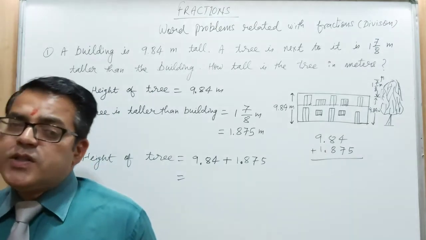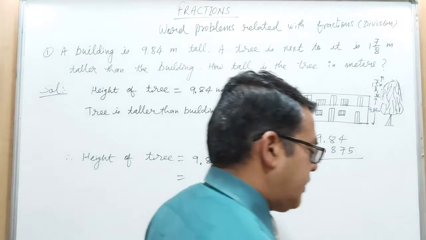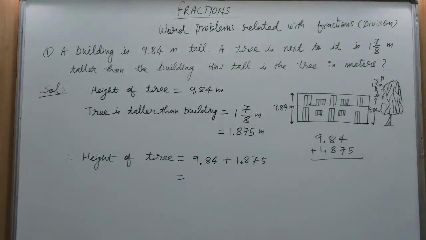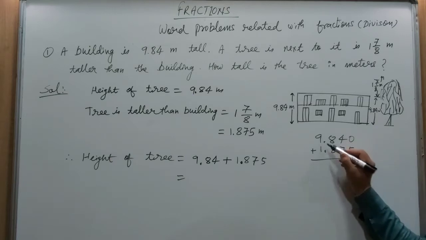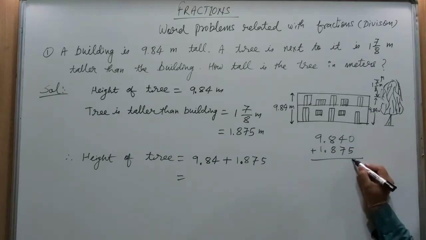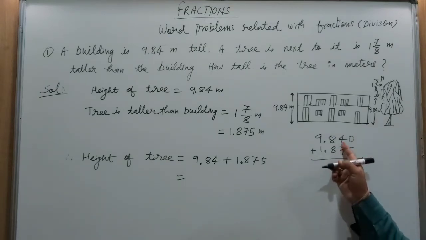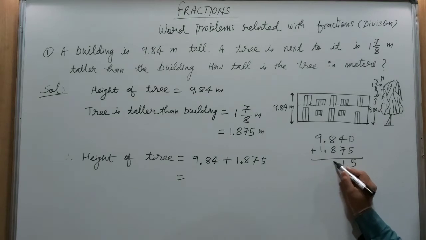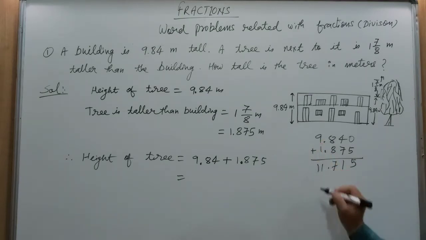We need to first write all the decimal numbers as like decimals. It means after the decimal point all should have the same number of places. So we can put 0 here. Now we add: 5, then 11, 1 carries 1; 8 and 8 is 16 and 1 is 17; carry is 1; 9 and 1 is 10 and 1 is 11.